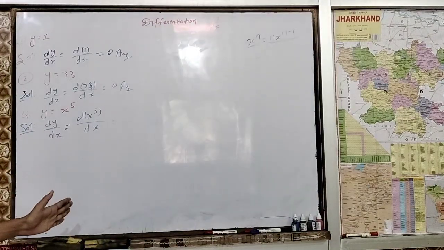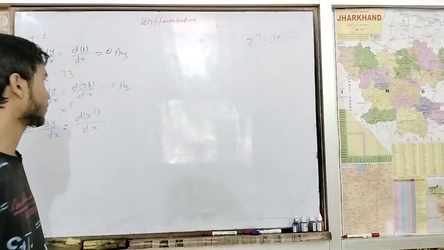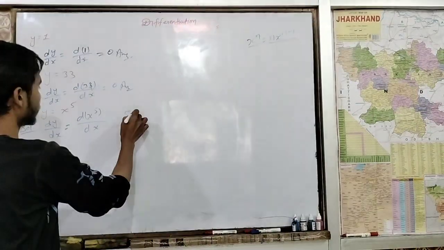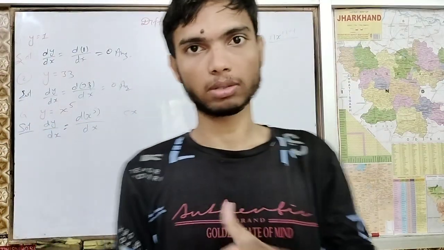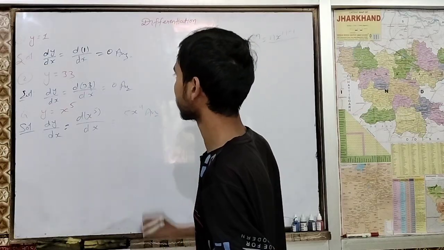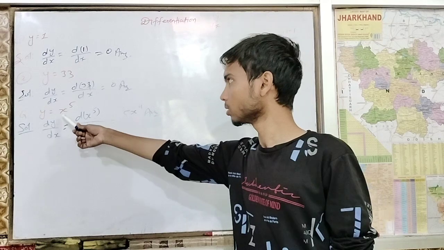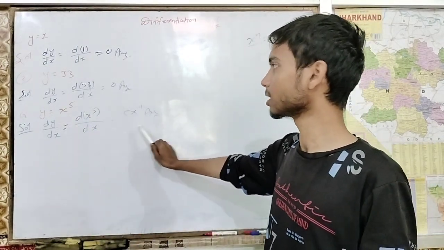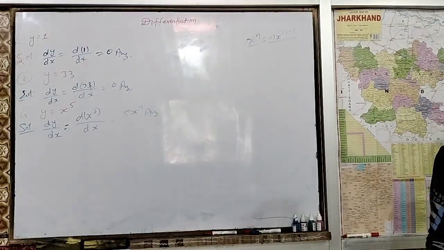Same here we will do with this exponent 5. We write 5x, and as you know we subtract 1 from the exponent. 5 minus 1 will give you 4. So this is your final answer. This was the input and this is the output: 5 into x raised to power 4.